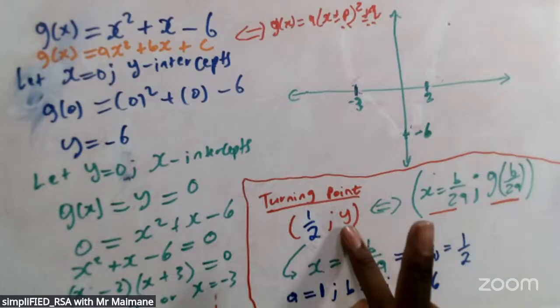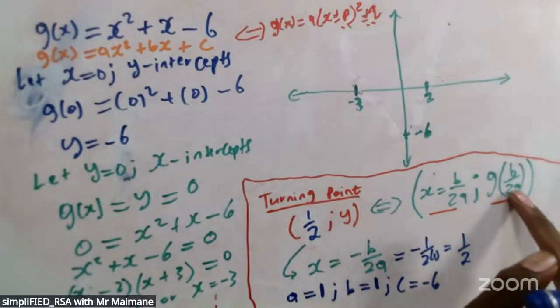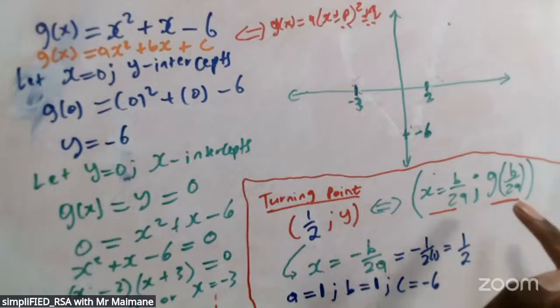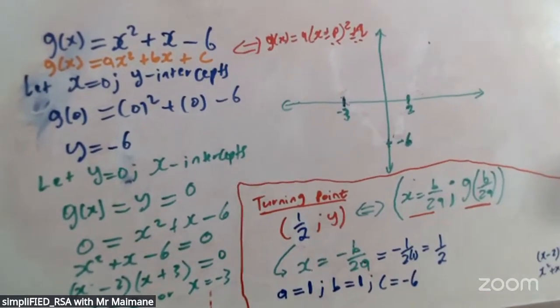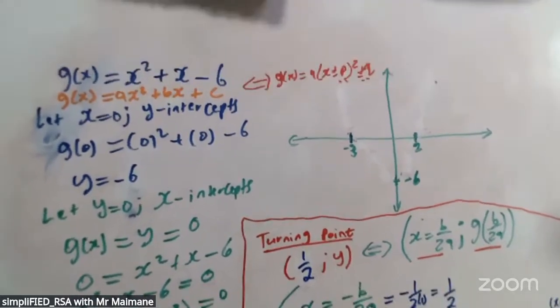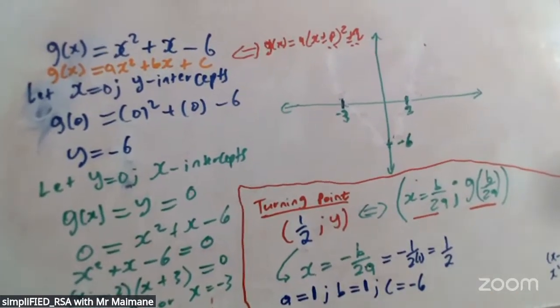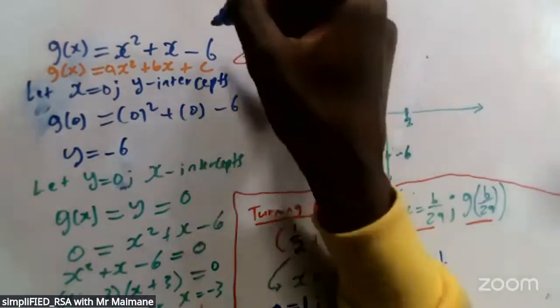Now I need to find the g part of it. The g part of it is g of whatever answer I found for x. So I substitute into that. I don't know where I can create extra space, but I'm going to write it on top here.